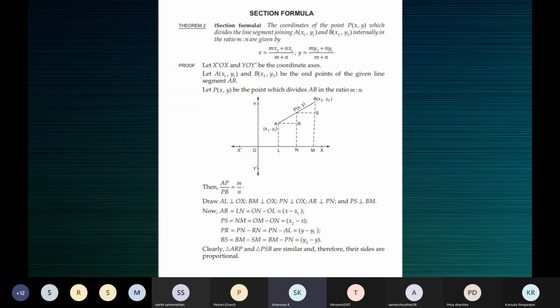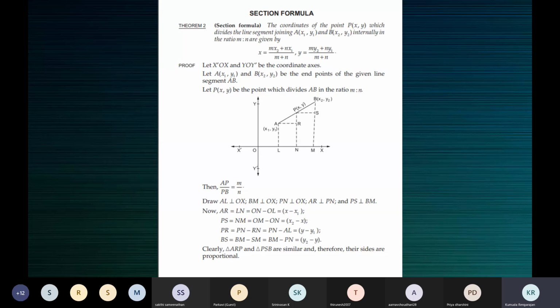Ma'am, similar triangles are similar in what way, ma'am? So when you have a picture, the shape will be the same, but their dimensions will be different, big or small. Yes, they'll be proportionately bigger or smaller.